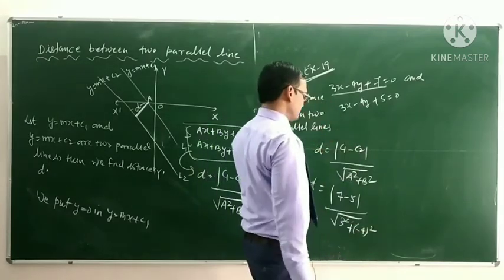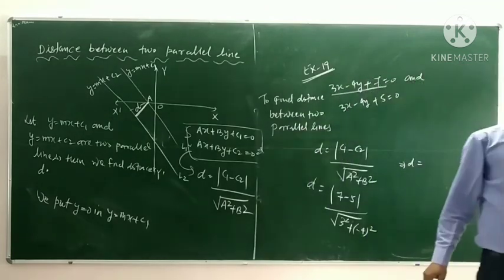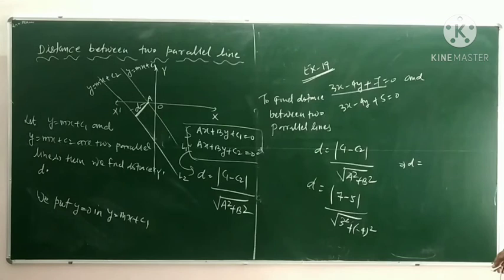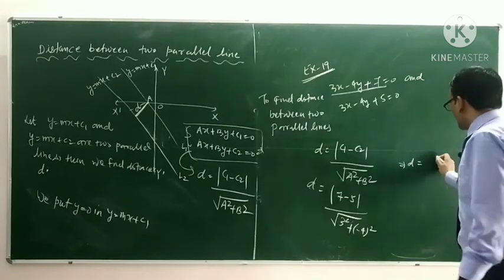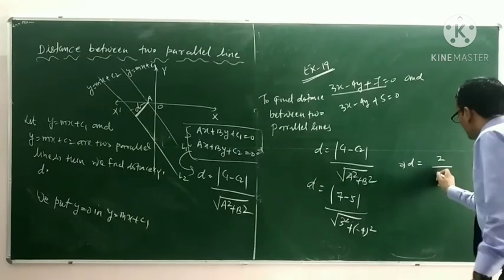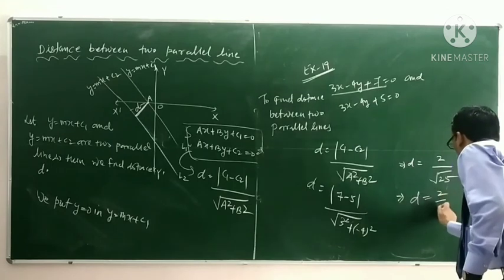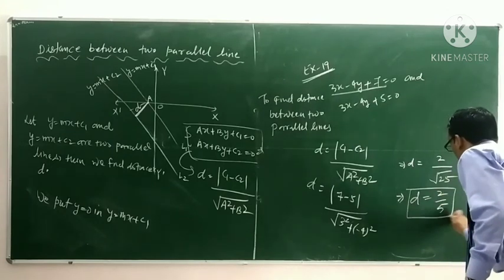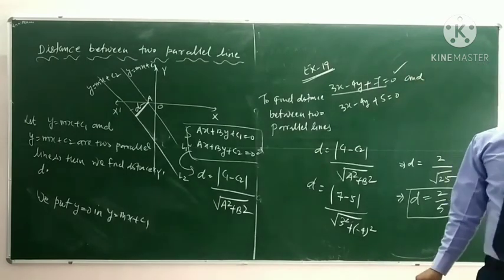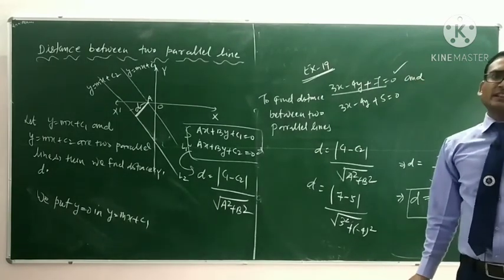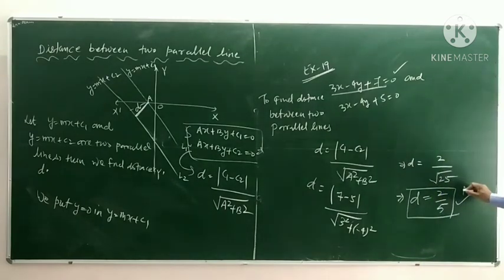Okay students, this implies that d equal to 2 upon square root 25, so d equal to 2 upon 5. Okay students, 2 upon 5 is the distance between the two parallel lines 3x minus 4y plus 7 equal to 0 and 3x minus 4y plus 5 equal to 0, which is your answer.